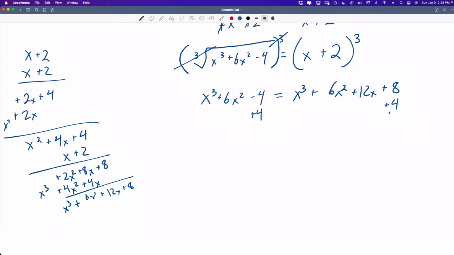Let's look at subtracting this. That's a 3. Okay, so those cancel. If we do this, these cancel.